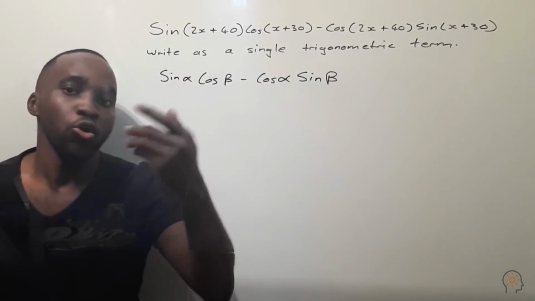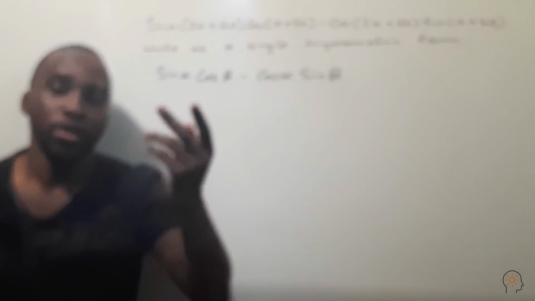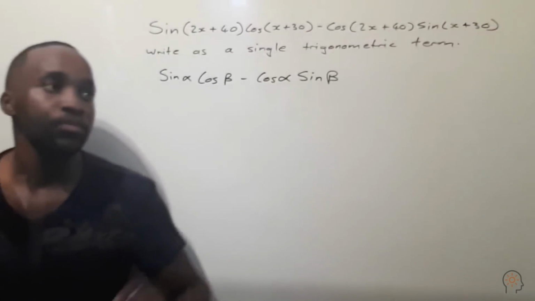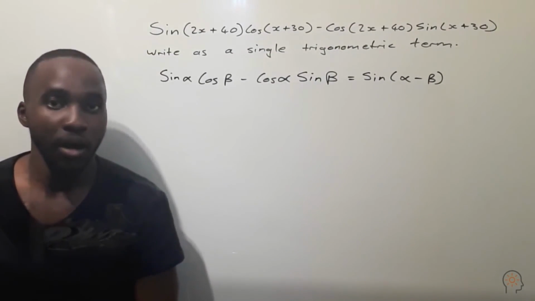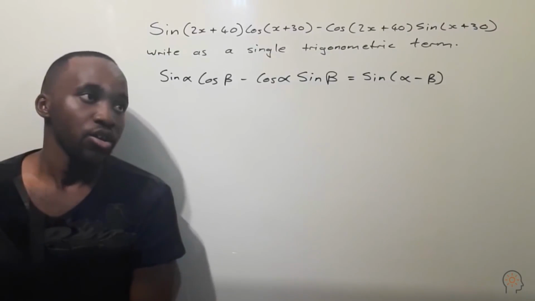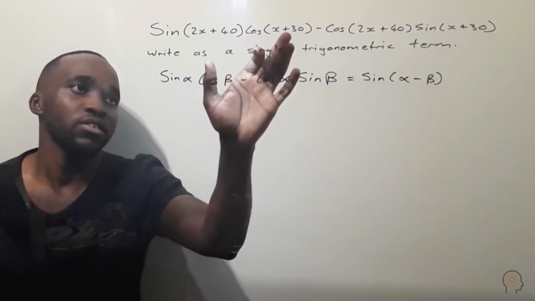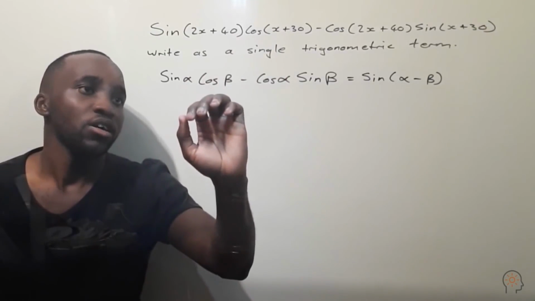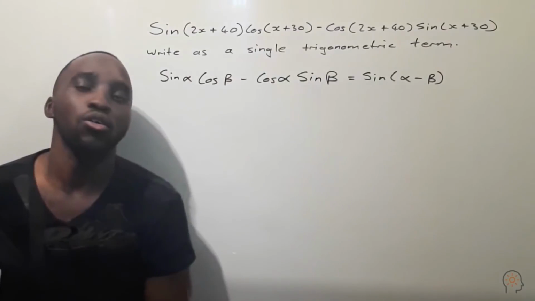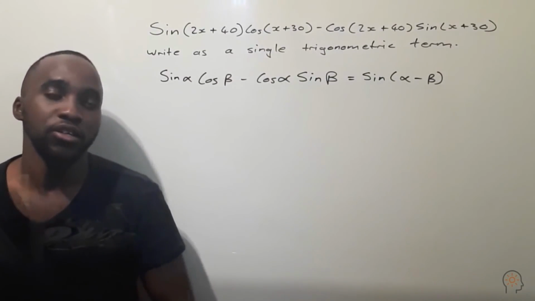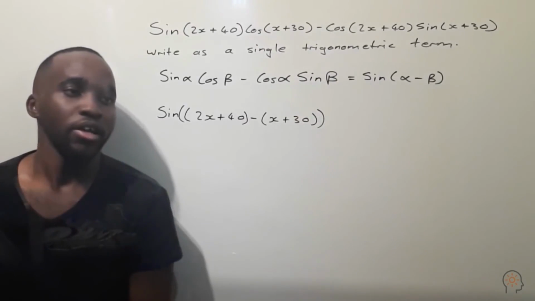And we know that according to our formula sheet, anything in this format is a compound angle, which is equal to sine alpha minus beta, right? And as long as we have identified that this is in the place of alpha and this is in the place of beta, if we were to pack this up into our compound angle, we would end up with something like this, right?